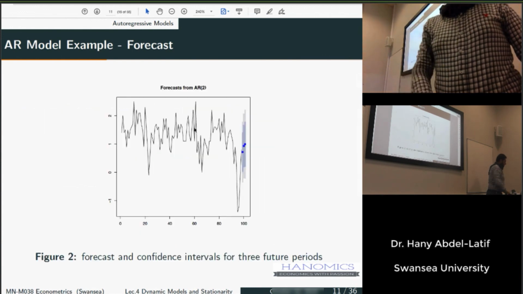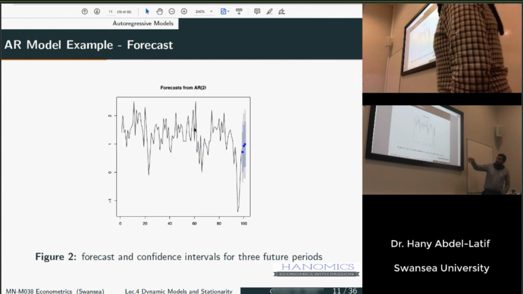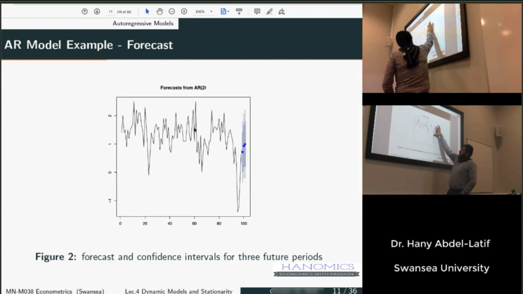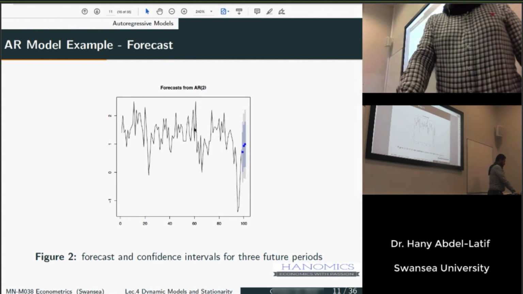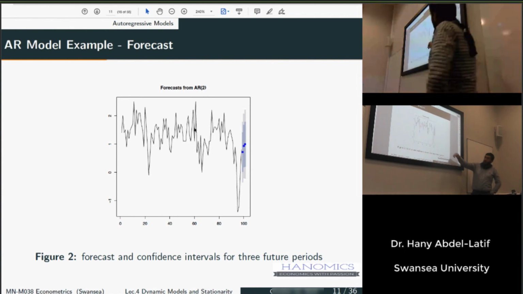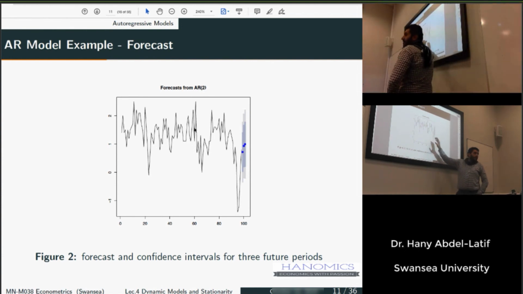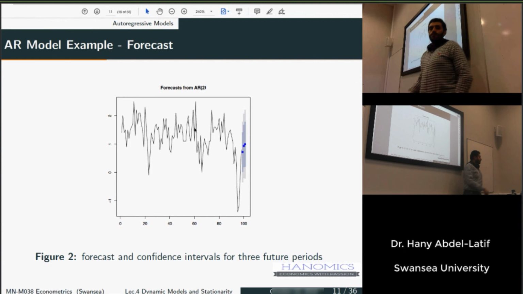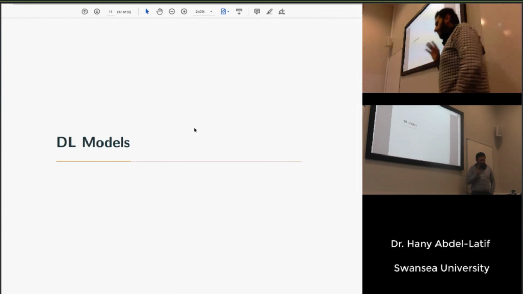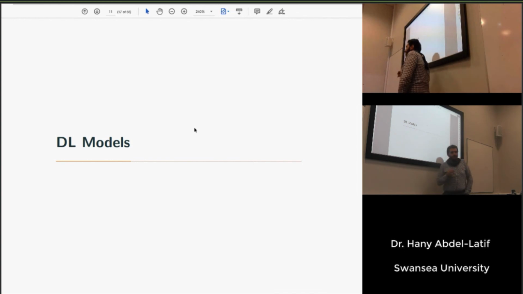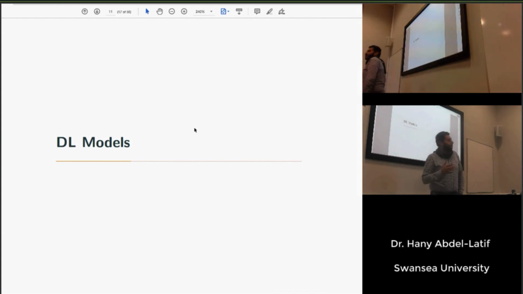So this is just plotting the 3 points that we forecast, with the bands, the confidence intervals. These blue dots here are the future values forecast using the same model. So this is the AR model, the autoregressive model. What do we mean by autoregression?